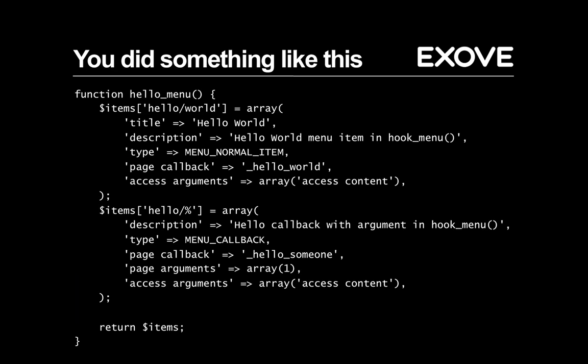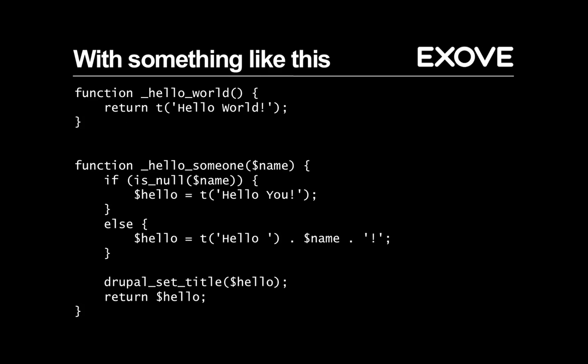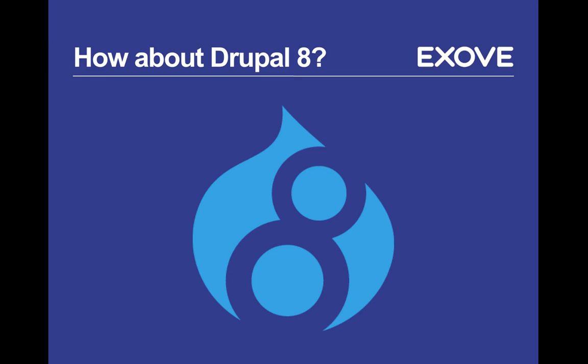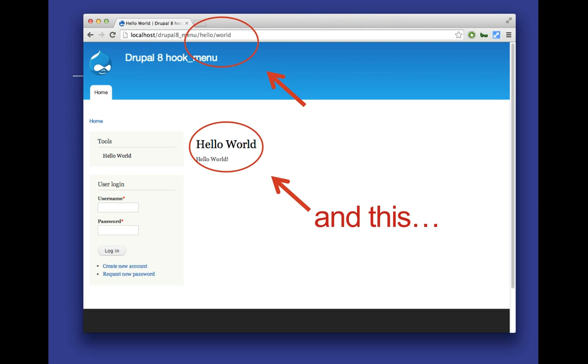There is a couple of items in a hook menu, and it has menu items, it has callbacks, and it takes some arguments here and there, and then of course you have some code in the module file or somewhere else, which does something like this. So, in Drupal 8, to do this same stuff, it almost looks the same.